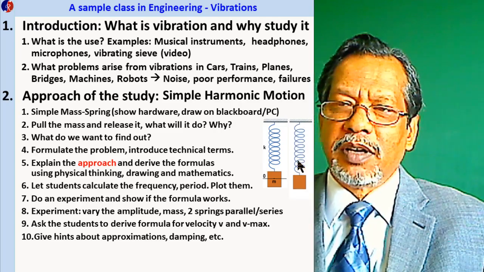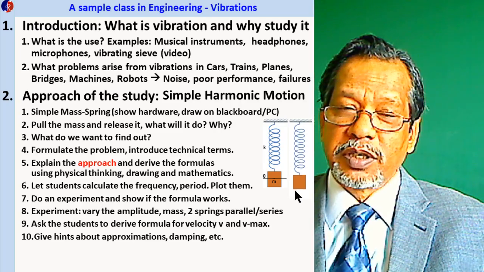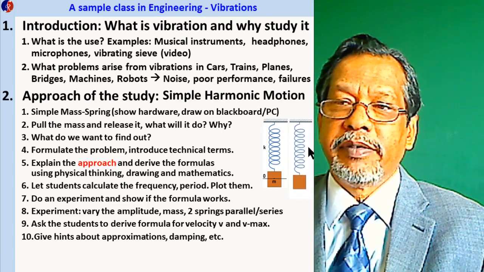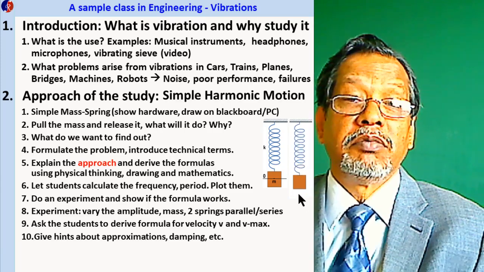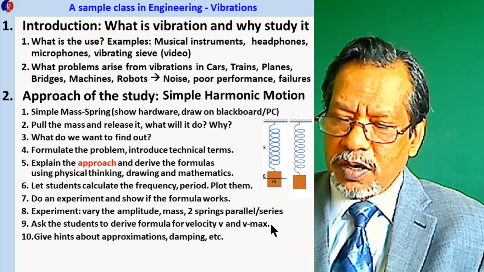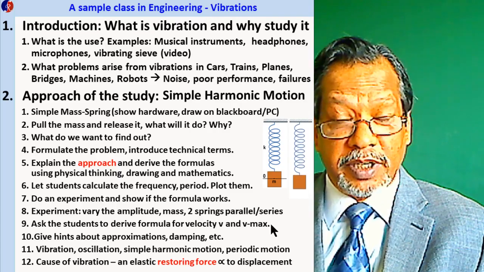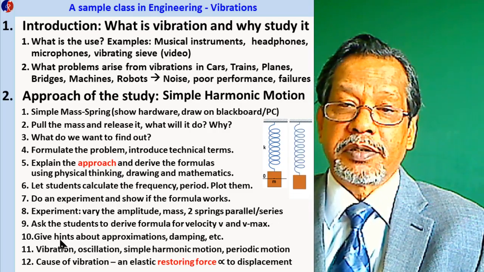Some energy is being lost, and also because of air friction, which is viscous damping by the air, we are ignoring it. If I did that in vacuum, probably it will run for a longer time. All right, because damped vibration you'll teach probably in the next class, a couple of classes later.